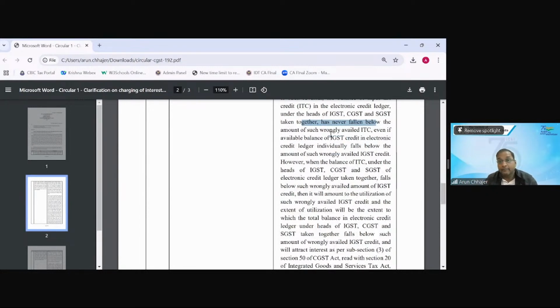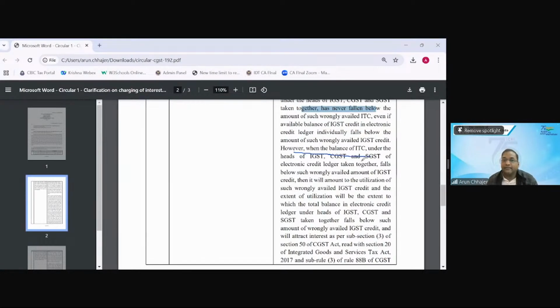Now, second part. However, when the balance of the ITC taken together falls below such wrongly availed amount, then it will amount to the utilization of wrongly availed IGST credit, to the extent of the utilization.